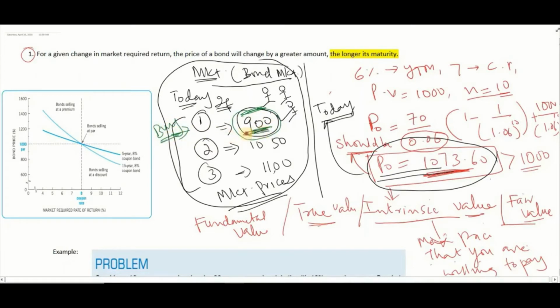So you will say this is undervalued in the market. People should demand more, right? And for this one you will also say the same thing. Still it means it is selling less than what you are willing to pay. You are willing to pay 1073.6 and these people are selling at 1050. And if you see this one, you will say no, this is not the fundamental value.